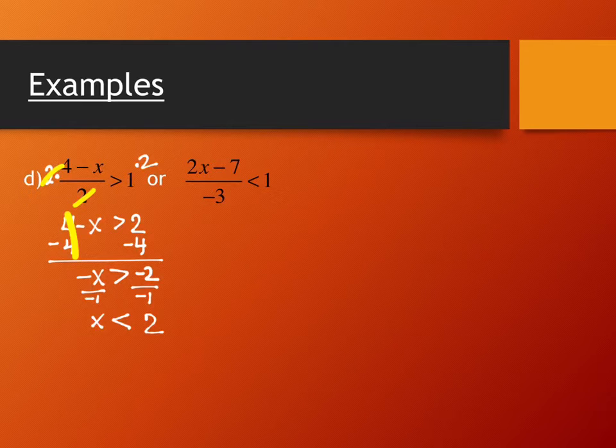Second inequality, quite similar. I have a denominator, but the denominator is negative 3. On this one, the negative 3 being multiplied here will also change the sign. It's just happening at a different point in the problem, but it still changes my sign. So I have the negative 3's canceling here. I have the 2x minus 7 here, but my sign changes at this point in my problem.